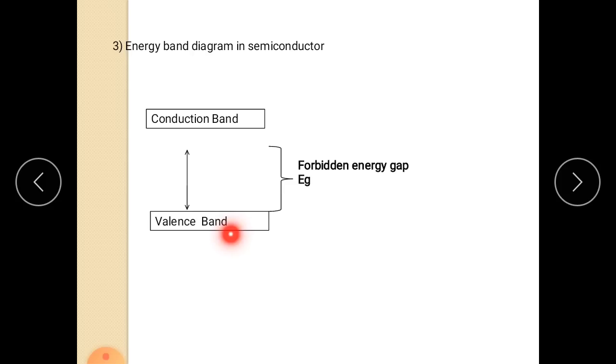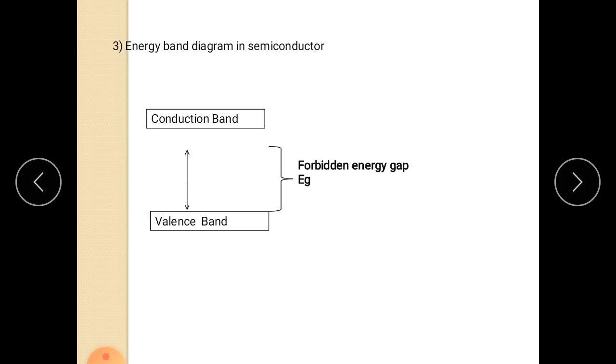But as the temperature increases, the width of the forbidden energy gap decreases. Hence some of the electrons in the valence band can jump to the conduction band.